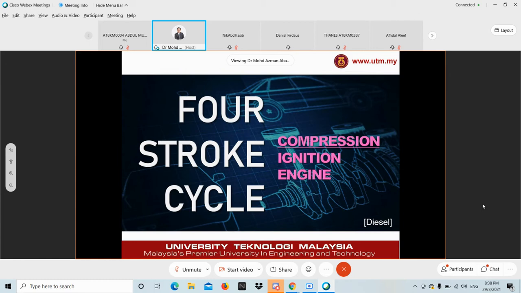Bunyi dia macam kereta diesel ke tak? Knocking ni, it sounds like macam you goreng keropok. Saya ni tak pandai nak mimik bunyi knocking tu. But okay, kalau you bunyi dia, it's exactly bunyi bila you panaskan minyak panas tu dia menggelegak kan. That bunyi menggelegak tu is basically like knocking.